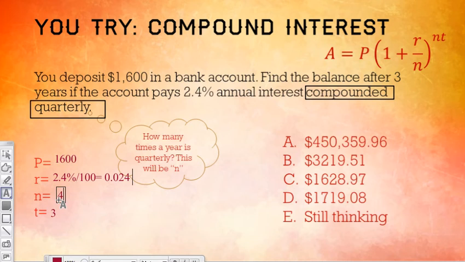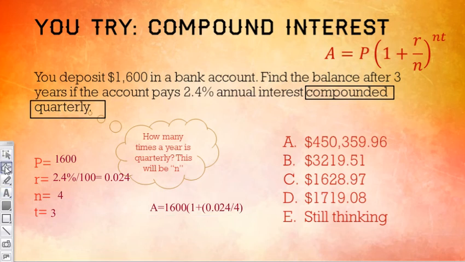All right, so now we're going to go ahead and plug everything into my formula. Okay, so A is going to equal my principal, my $1,600, and then we do that 1 plus my rate, 0.024, and I divide that by how often it's compounded in the year, and that's that 4 times because it was compounded quarterly.